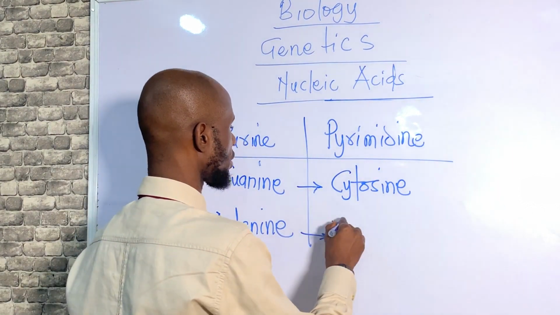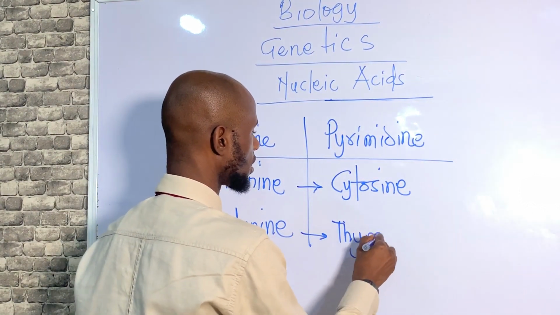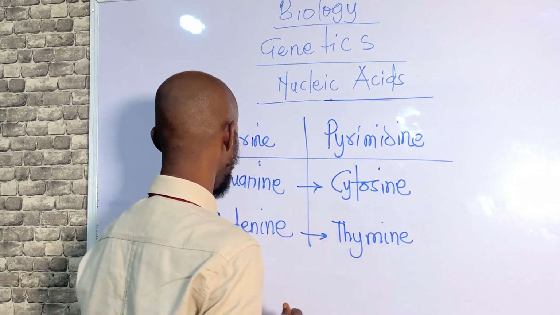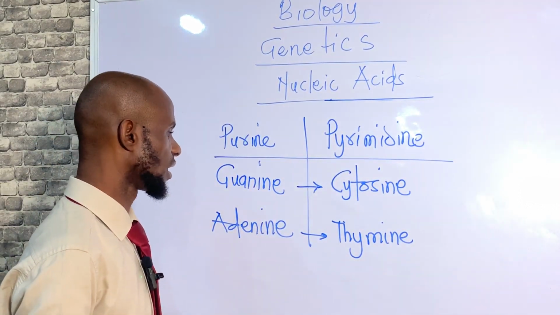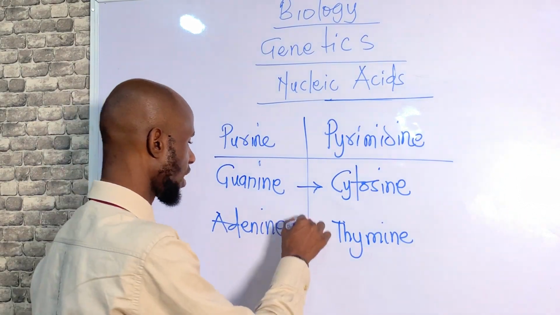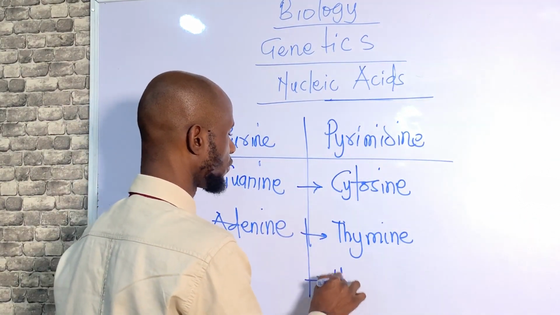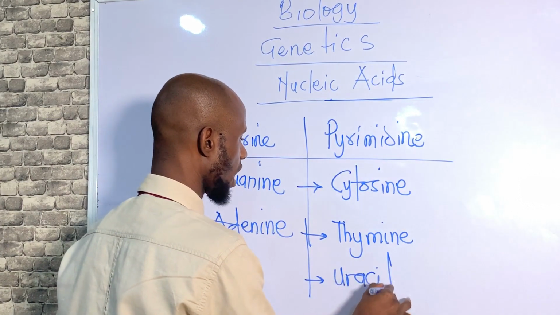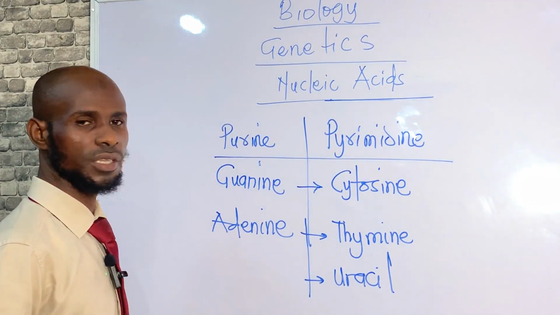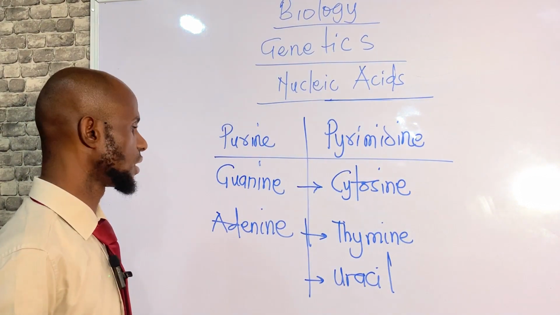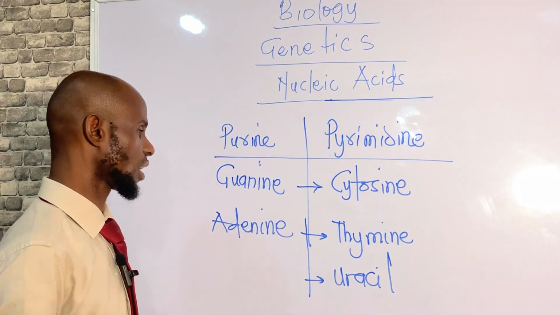The next one is thymine. You can see here yourself that adenine always pair with thymine. Adenine always pair with what? Thymine. Then you have uracil.